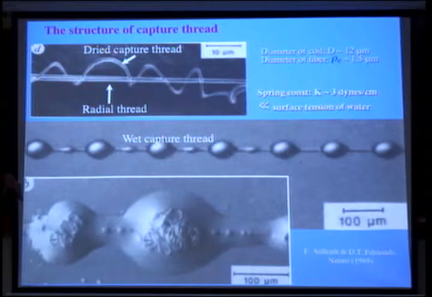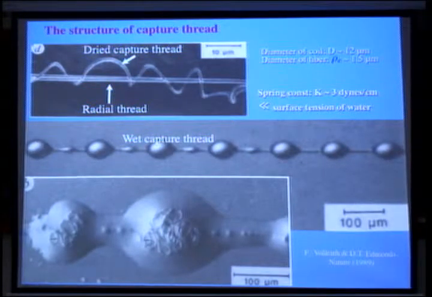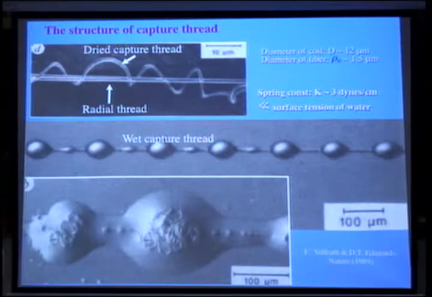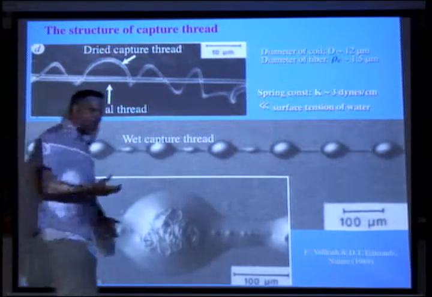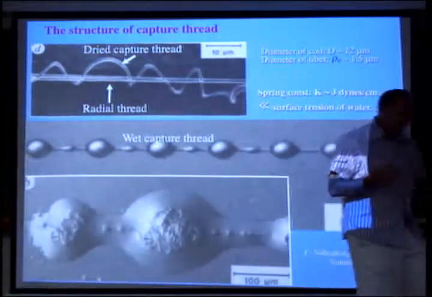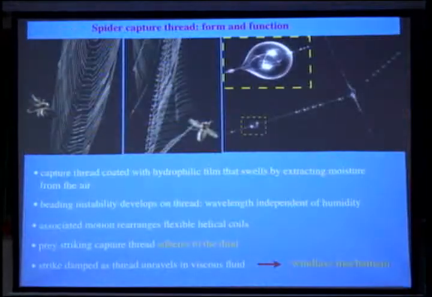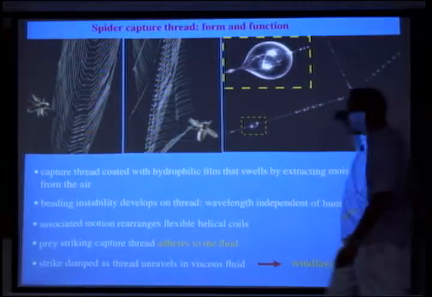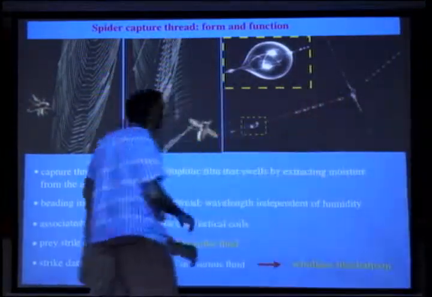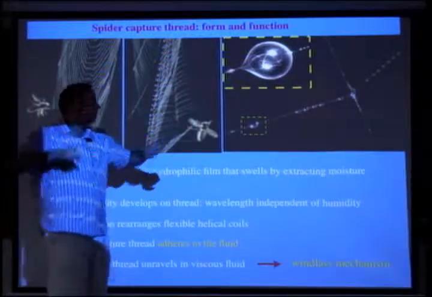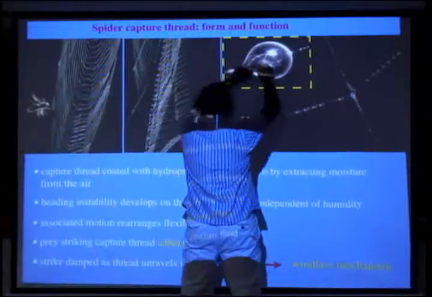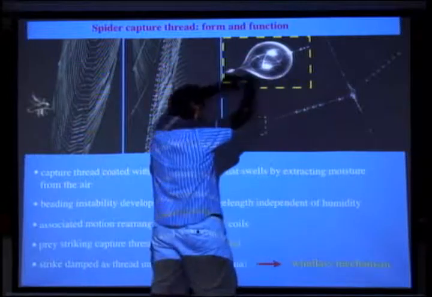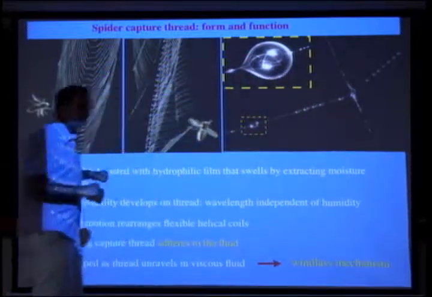The reason for this is that when prey hits, it's wet, so it sticks, right? Second of all, it damps the impact. As this thing flies in and hits one of these capture threads, the thing stretches, right? And there's a lot of dissipation because you're basically uncoiling this elastic thread within a viscous fluid.